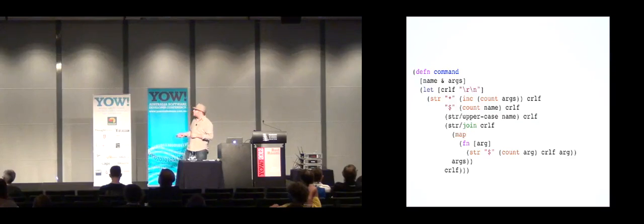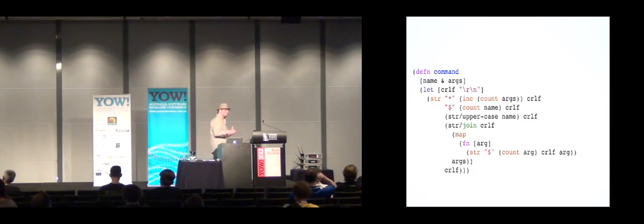And the last thing we're going to do is take those arguments that were passed in, map across them, and apply this function here. fn is anonymous function syntax. That function takes one argument, the argument, and we're going to make a string, just like we had here before. We'll create the number of bytes by counting the argument, add a carriage return line feed, and put the argument data after it. And finally, we'll follow with a carriage return line feed.